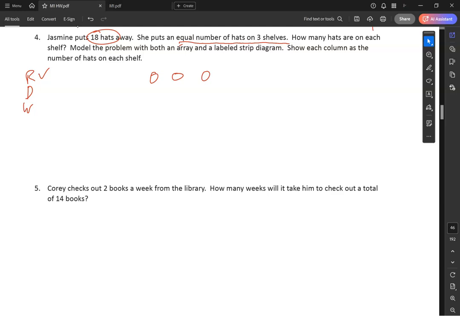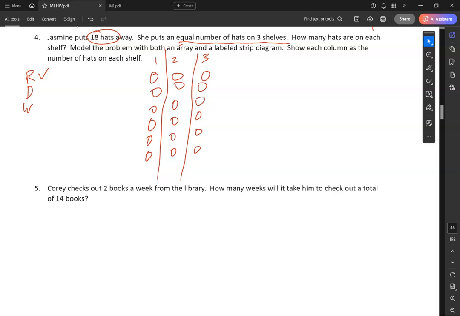So we have 3, 6, 9, 12, 15, 18. So we've got 3 columns. Okay. We have 1, 2, 3. We have 1, 2, 3, 4, 5, 6 in each one. Okay.